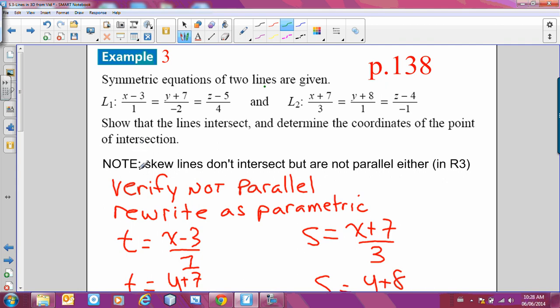We do have a fourth possibility now, and that's that they are what we call skew, which means essentially one line misses the other one. It's hard to draw, but if you think about it in 3 dimensions, we could have a line that's way up here on our graph going in this general direction.